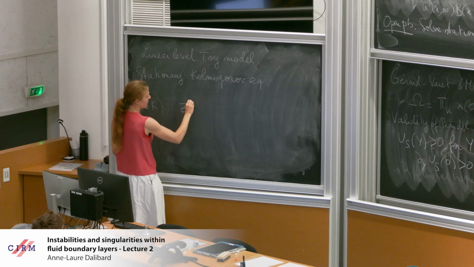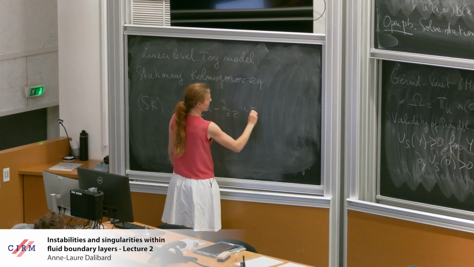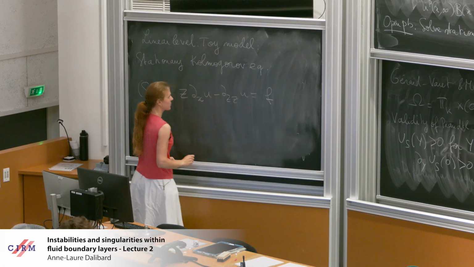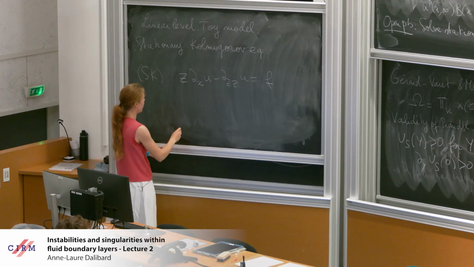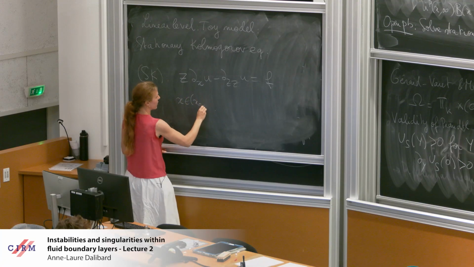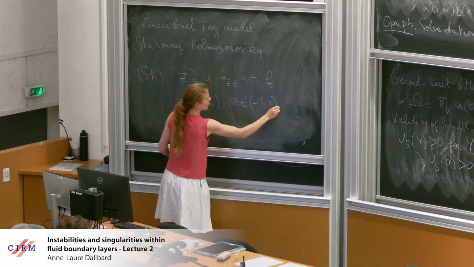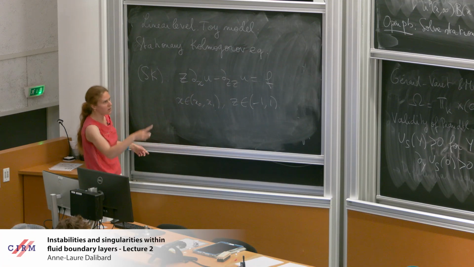So it looks like this: z dxu minus dzzu equals, say, some source term f. And I'm looking at this equation where x belongs to (x0, x1) and z, just to fix ideas, belongs to (-1, 1). So you see z changes sign.